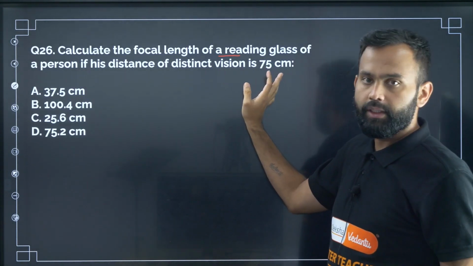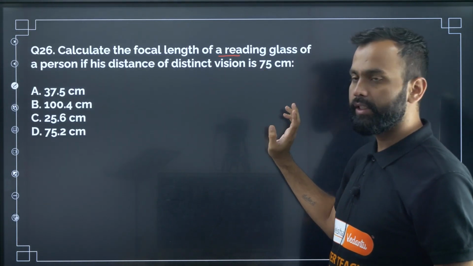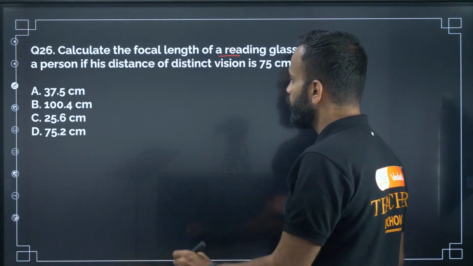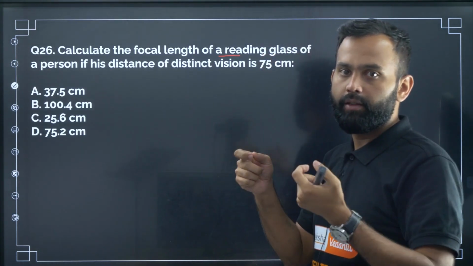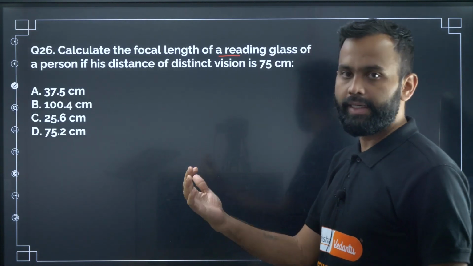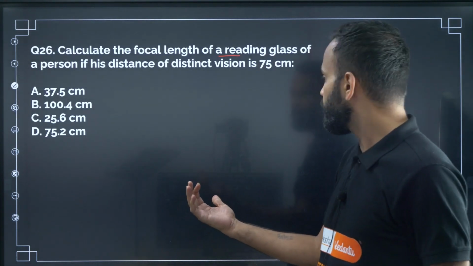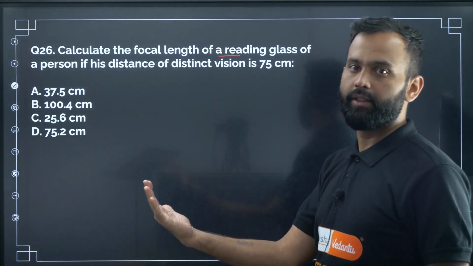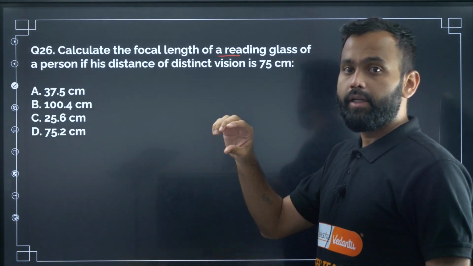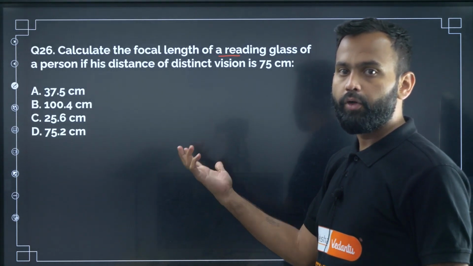The least distance of distinct vision is 75 centimeter for him. He has to wear a glass so that he can read any book or newspaper which is 25 centimeter from his eyes, that is the least distance of distinct vision for a normal eye.